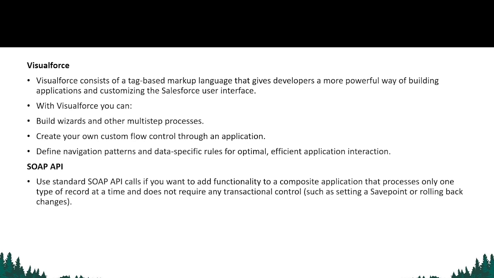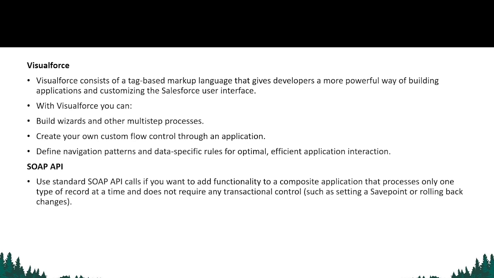Now we have the SOAP API. We use the SOAP API if we want to add multiple functionalities for a composite application. Here in SOAP API, we can access any type of record at a time, and only one type of record will be selected or executed at a time.